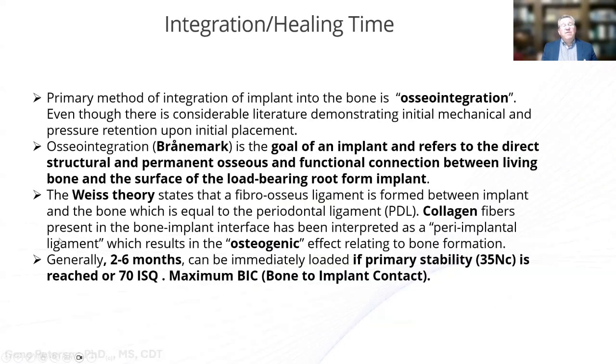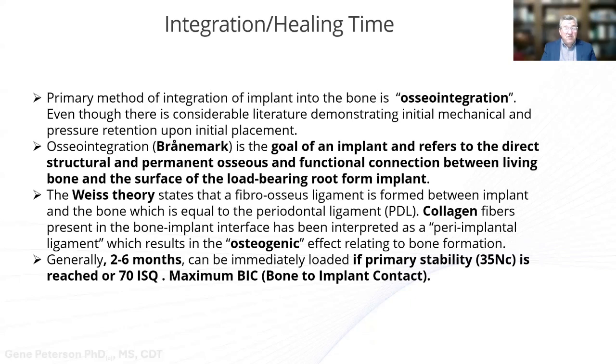The other thing that happens is you actually have fibro-integration. Okay, so that's the Weiss theory, which is fibroosseous formation of a new ligament formed between the implant and the bone. It's very comparable to how the PDL functions in a natural tooth root.